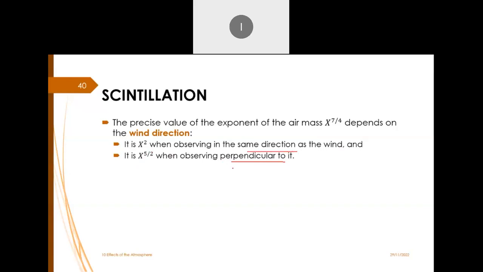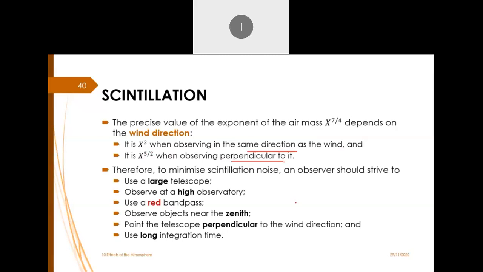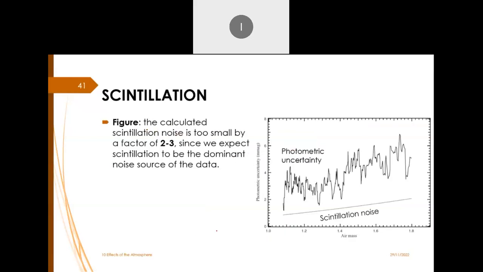To minimize scintillation noise, an observer should strive to use a large telescope, observe at a high observatory, use a red band pass, observe objects near the zenith, point the telescope perpendicular to the wind direction, and use long integration time.